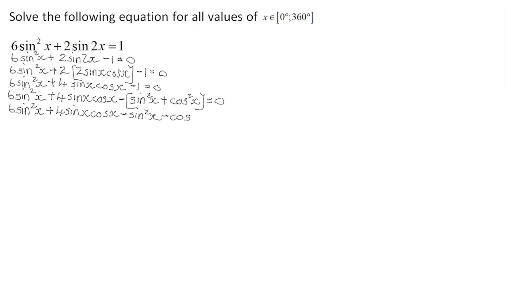It's important that we always note the minus sign because otherwise it will cost you in the exam. 6 sine squared minus 1 sine squared x gives me 5 sine squared x plus the 4 sine x cos x and obviously minus that cos squared x, and that is equal to 0.